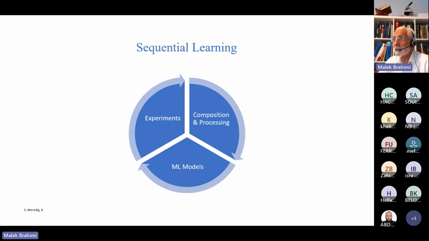You do the experiment, sometimes you get some odd numbers, you have to repeat and make corrections, and you learn from your mistakes, of course, and you improve. That's exactly sequential learning. When you do an experiment, you make mistakes, you correct yourself, you learn, you do it again, you improve, until you get very good output and results.